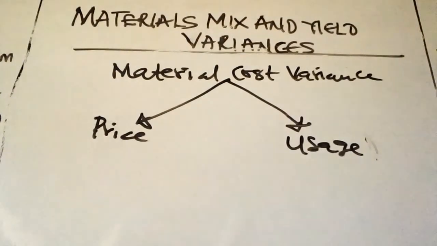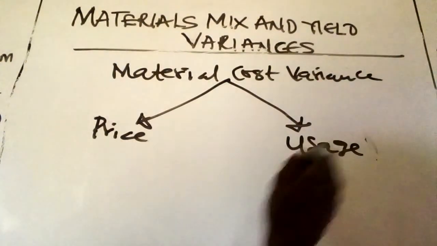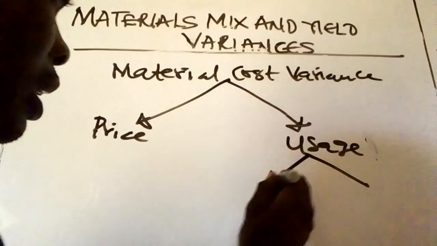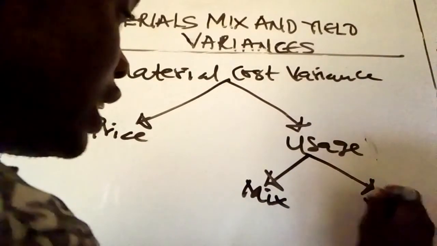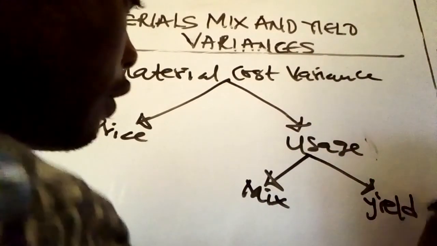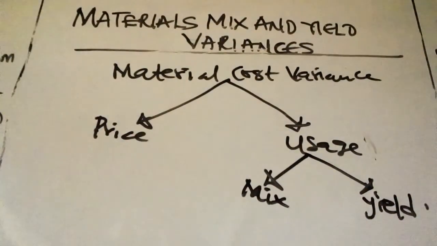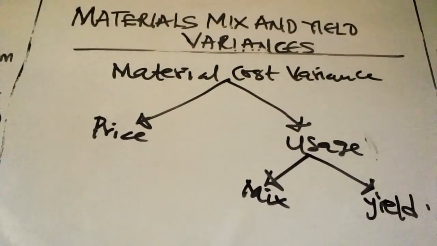I said the usage variance will further be divided into two: the mix variance and the yield variance. So my focus in this lecture is the mix and yield variance.